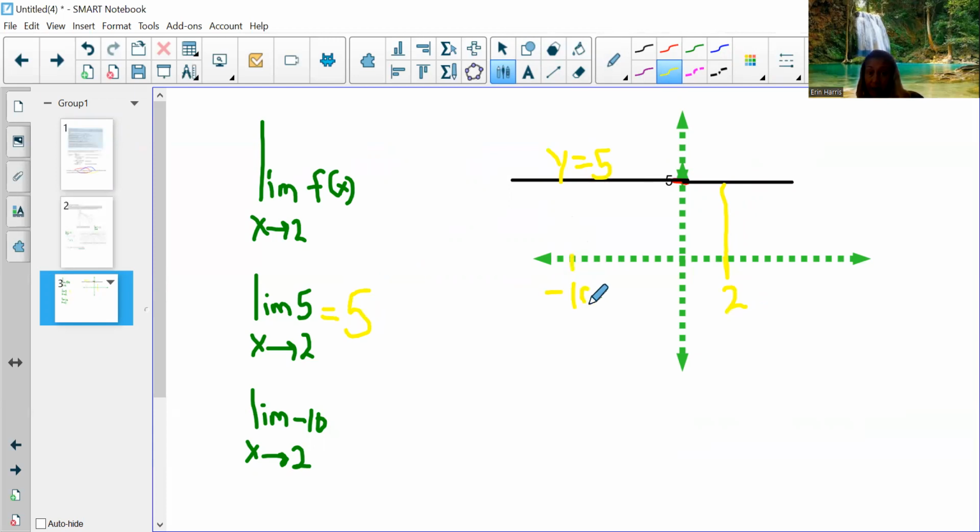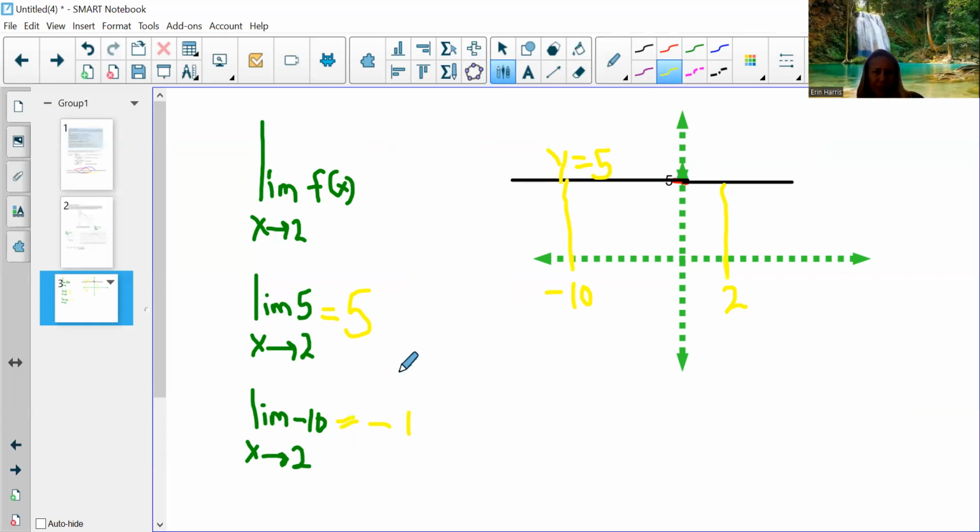Okay, so that might look kind of weird that if you are given a limit, no matter what you're approaching of some constant, the answer is just the constant value.